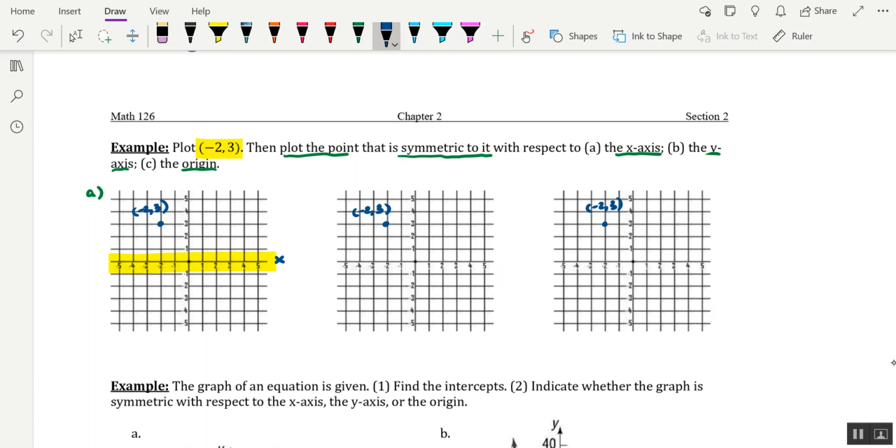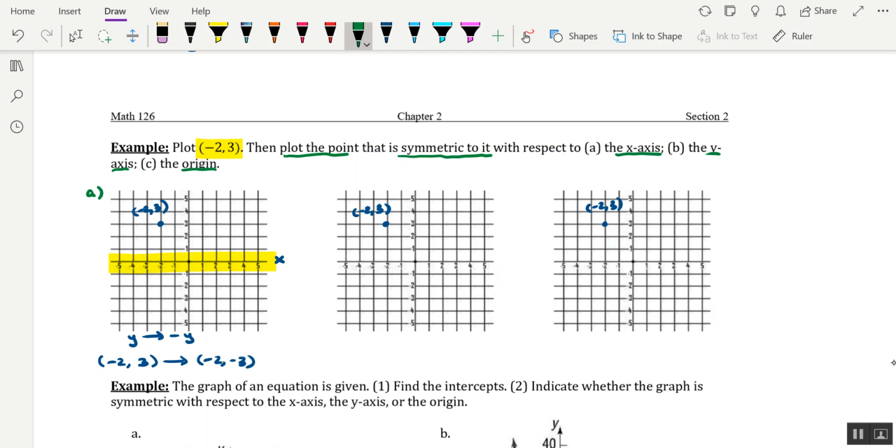One way to obtain that point is to remember that any y-coordinate provided to you off the bat can be converted to its opposite to get the new y-coordinate of the corresponding point. So in other words, negative 2, 3, upon changing the y-coordinate to its opposite, will generate negative 2, negative 3.